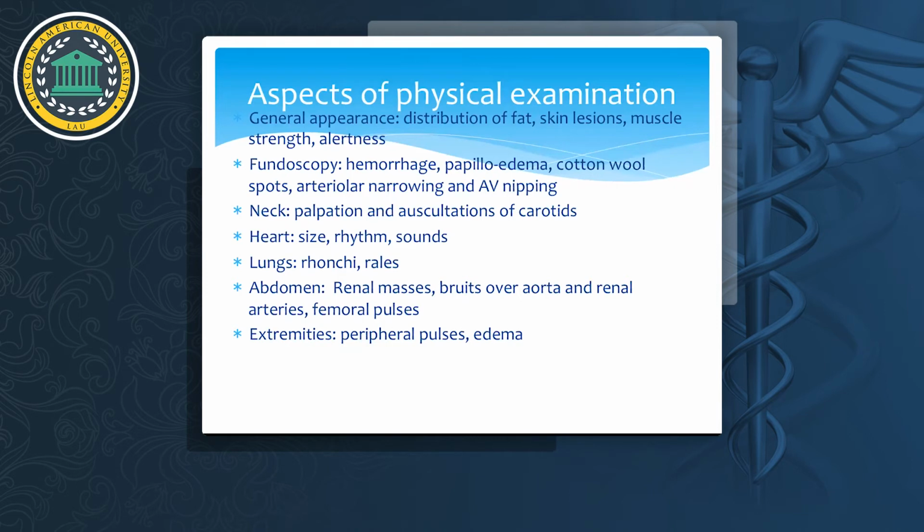If you have any idea about hypertensive retinopathy, these are the stages where you can find the changes because of hypertension. Then you palpate the neck, auscultate the carotids for any bruit, and the heart for size, rhythm, and sounds. Check the lungs for any bronchial sounds, the abdomen for any renal masses, bruits over the aorta and renal arteries, femoral pulses, and the extremities for peripheral pulses and edema.